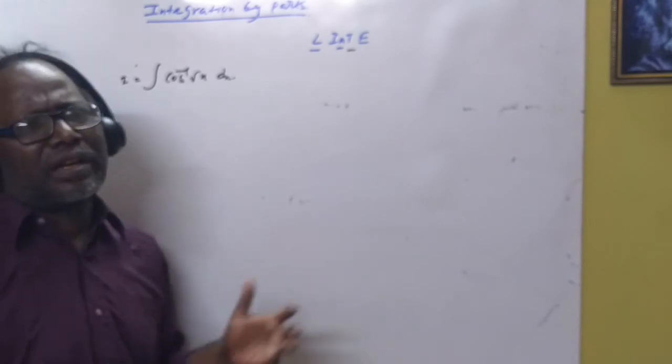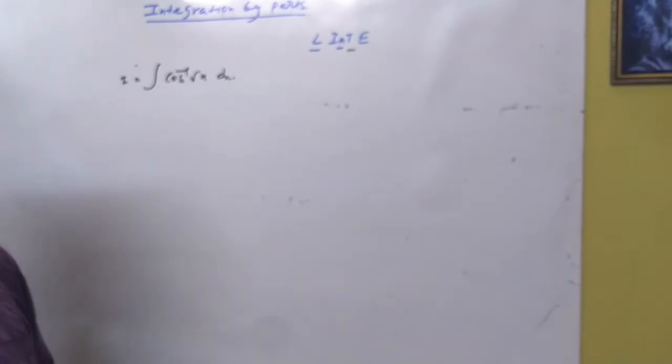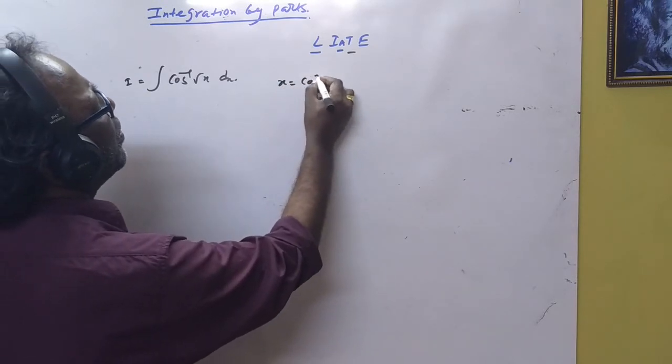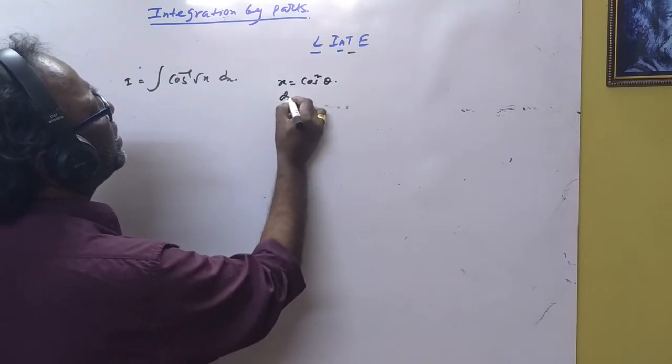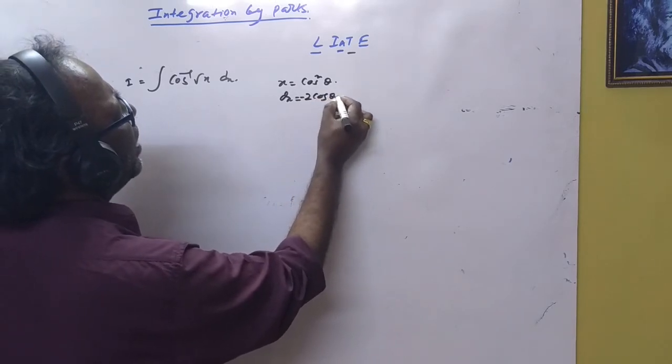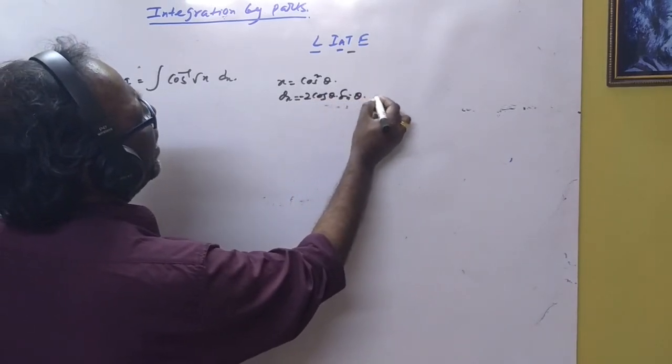Here is a root x, and this is a trigo. First of all, we simplify, like assume x is equal to cos square theta, and differentiate this, dx is minus 2 cos theta sin theta d theta here.